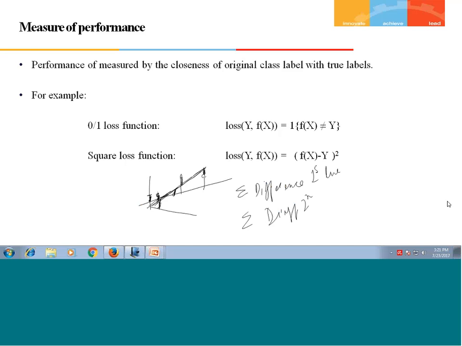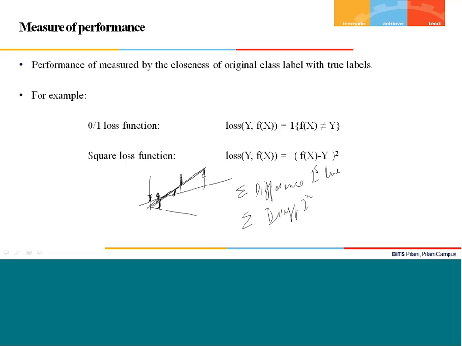If somebody asks me which line is good, I will answer according to the comparison. If the difference of the first line is 10 and the second is 8, I will definitely say that the second line is a better fit to the given data set than the first line. So this is the square loss function that I just explained.